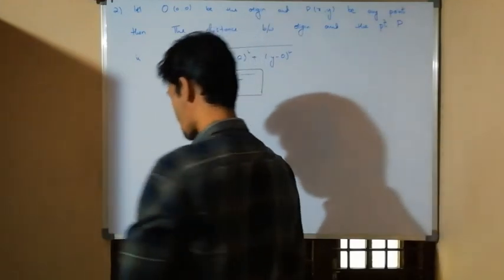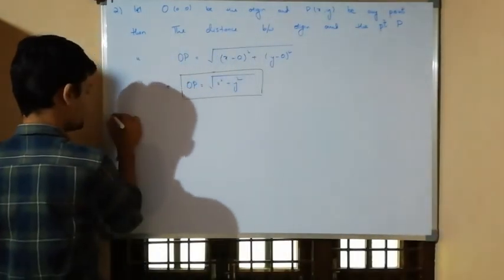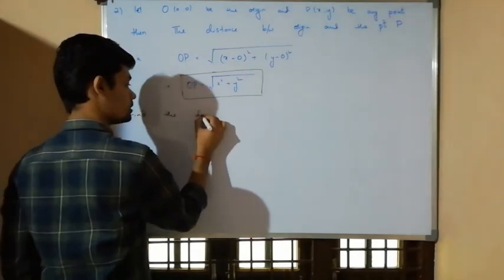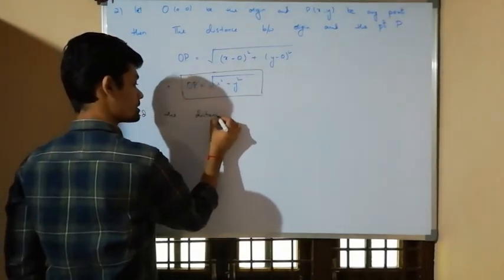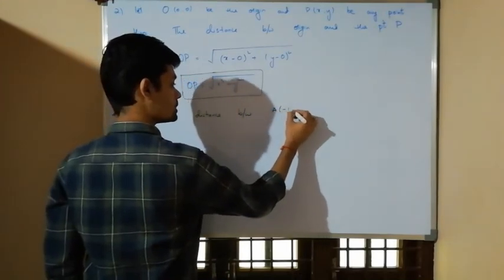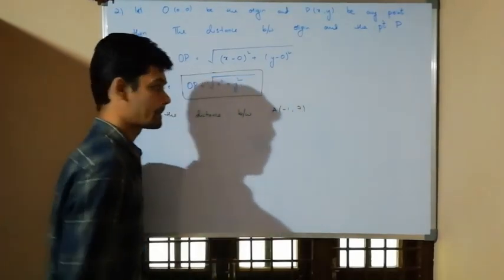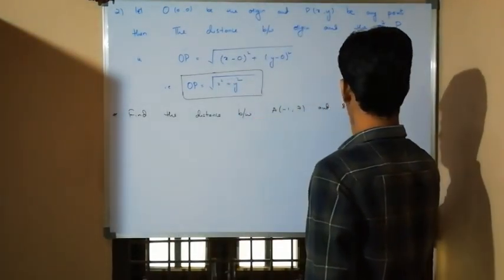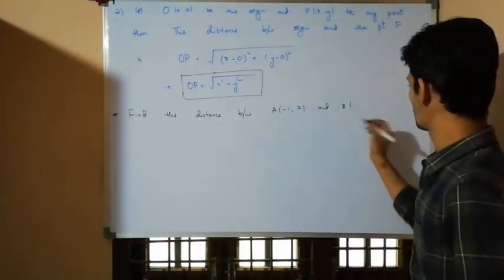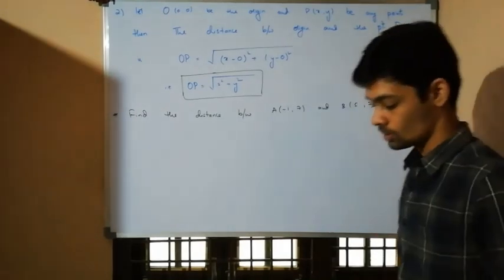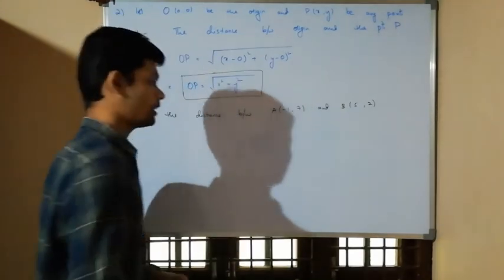For example, let us find the distance between A of minus 1 comma 7 and B of 5 comma 2. Now what is the distance between the points A and B?